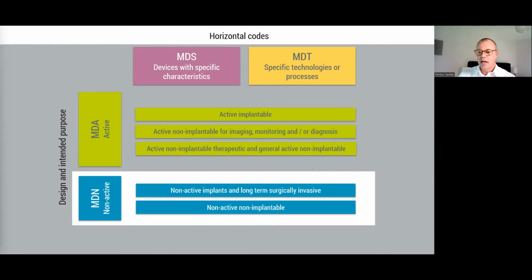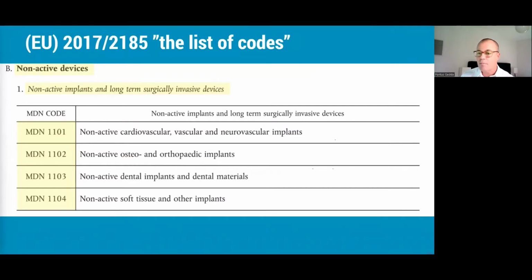Turning now into the non-active codes, the MDN codes, and the 2 subgroups here. The MDN codes are starting with the group for non-active implants and long-term surgical invasive devices. So here we have 4 different categories of devices, which are all obviously different categories of implants.